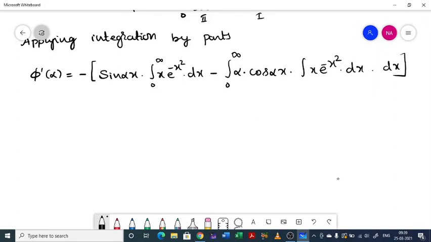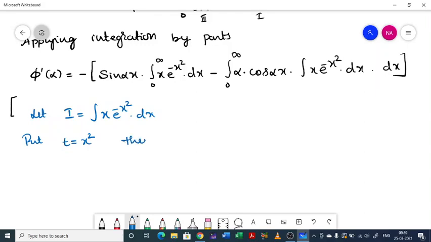So let us simplify that within the bracket, saying let I equal to integral, I want only the indefinite integral, later we can apply limits, x e power minus x square dx. Here we can use a substitution, put t equal to x square, then dt will be 2x into dx, but here I have x into dx.